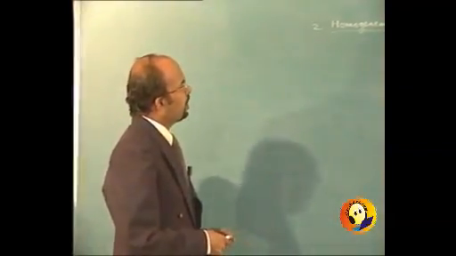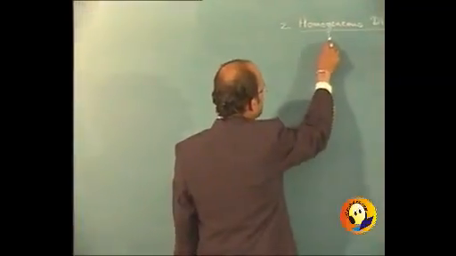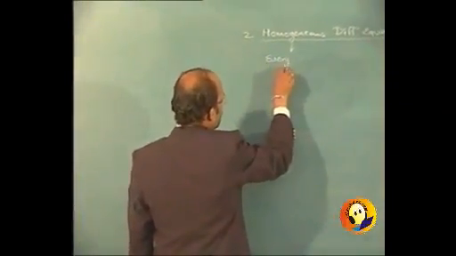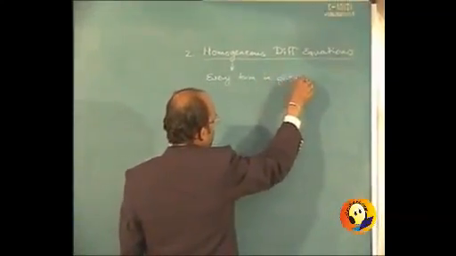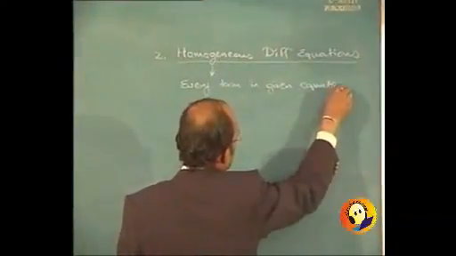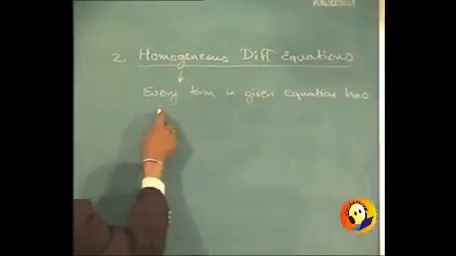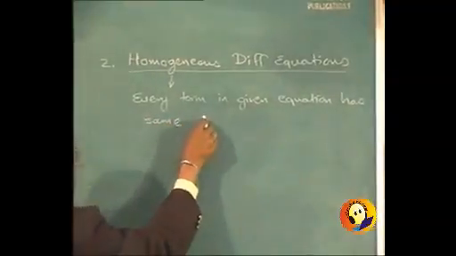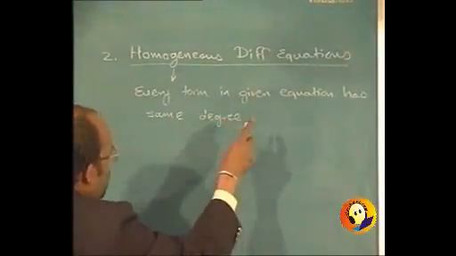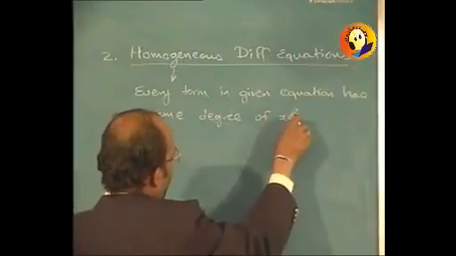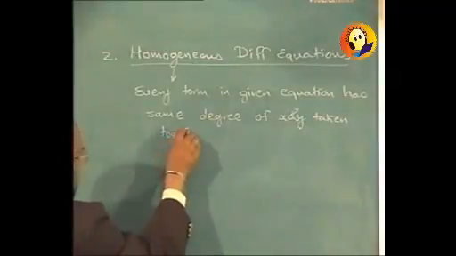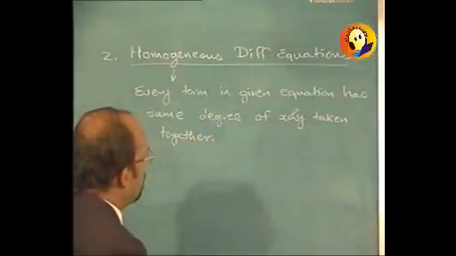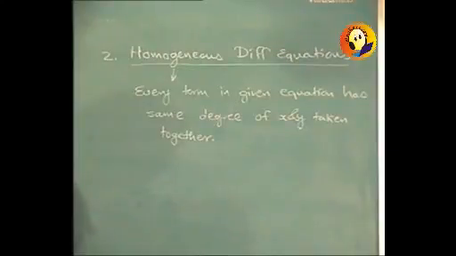These are rather easy to identify, because homogeneous term indicates that every term in the given equation has the same degree of x and y taken together. So it is very easy to identify.